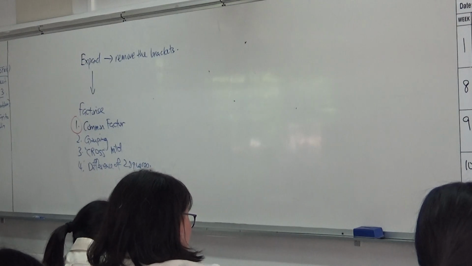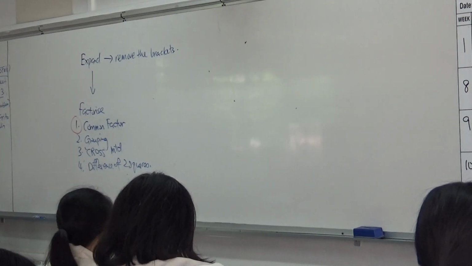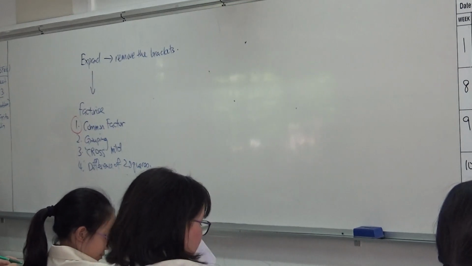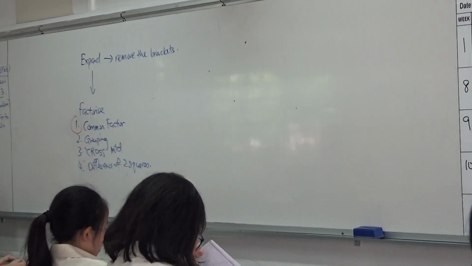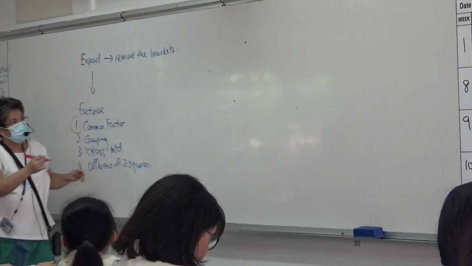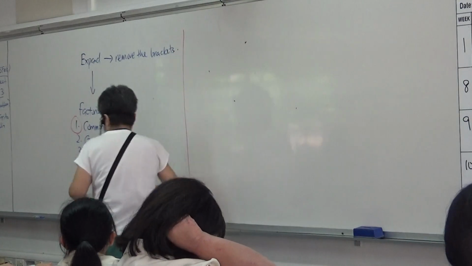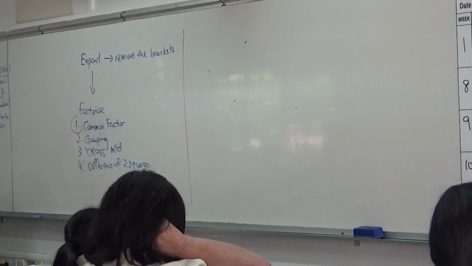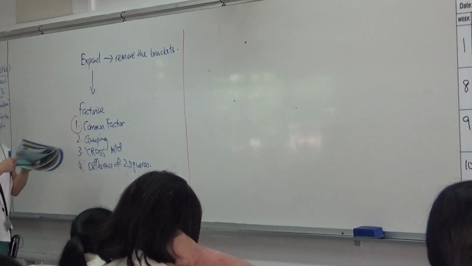All of you, look at page 107. They say, example 4, expand each of the following expressions. Now, I'm going to do it over this side. Okay? I want everybody to look carefully at what if I expand?